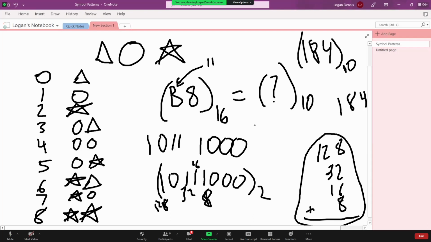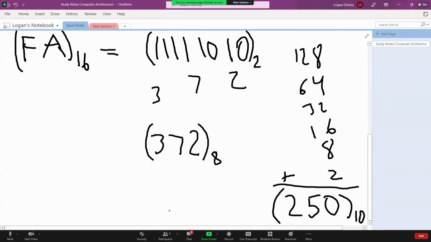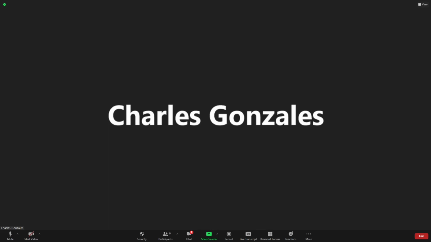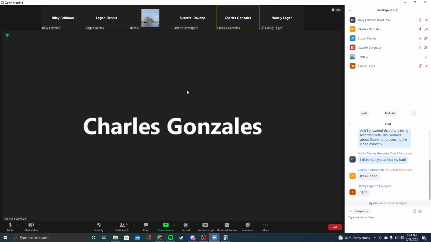I figured out how to do octal to hexadecimal and hexadecimal to octal. Can you show me how to do the decimal one? When we converted to binary, with octal to hexadecimal you'd split it in 4s, and with hexadecimal to octal you split it in 3.